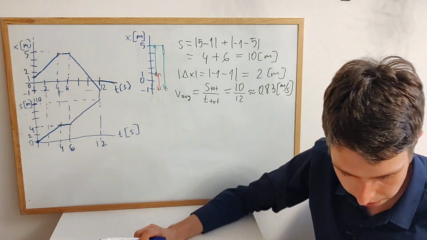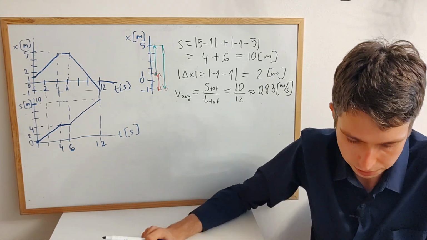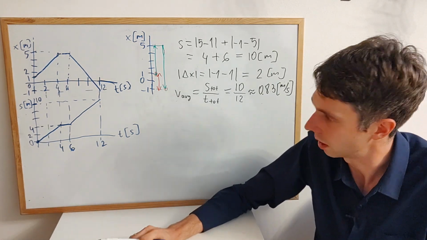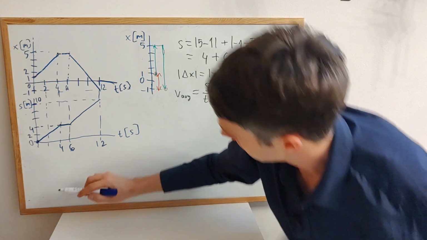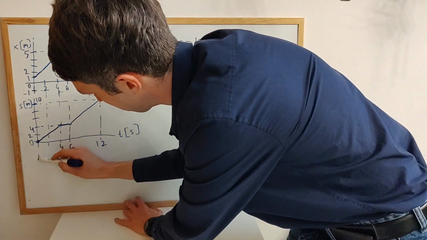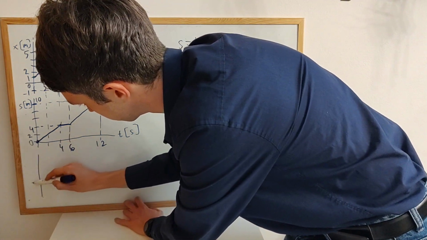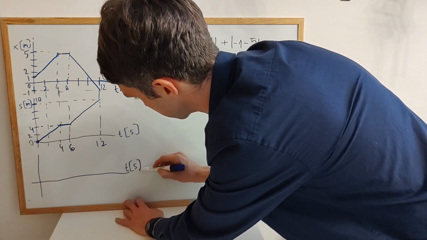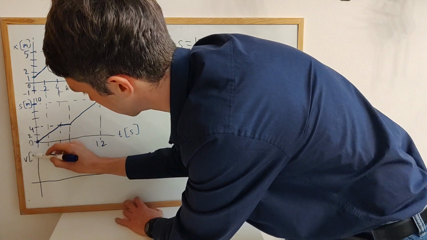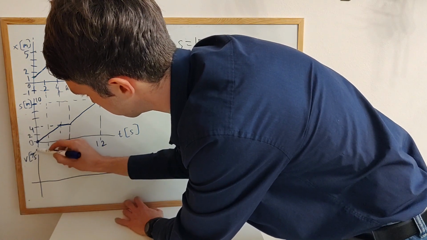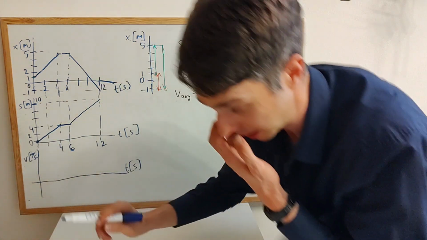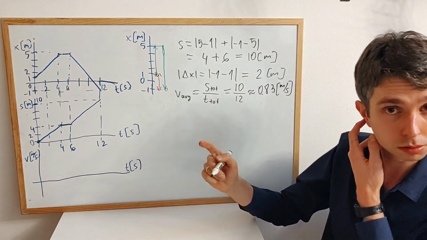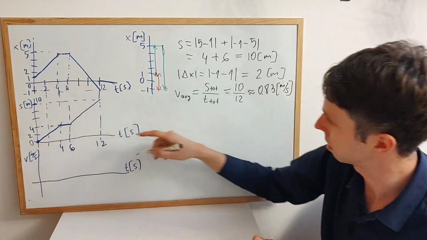And the last part, draw a graph of the speed v of this object versus time t. So again, let's draw it below. Time t in seconds, and here is speed v in meters per second. And let's see what scale we need, because we need to do a little bit of calculations.